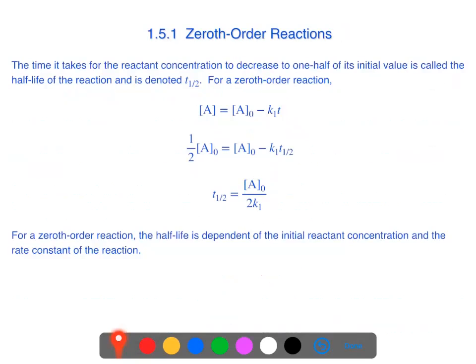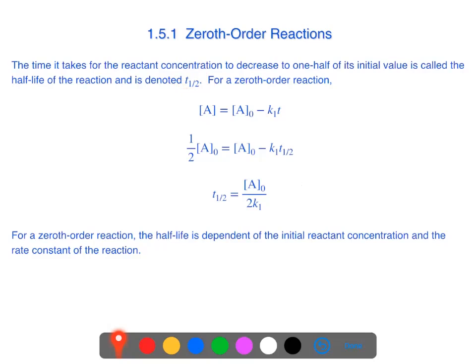Another characteristic of most integrated rate law expressions is something known as the half-life of the reaction. The time it takes for the reactant concentration to decrease to 1/2 of its initial value is called the half-life of the reaction. And we denote that using the symbol t subscript 1/2.